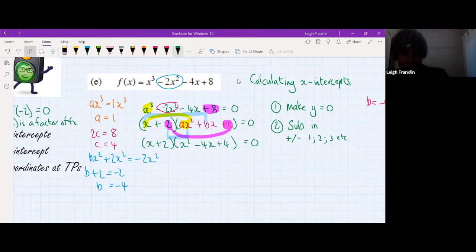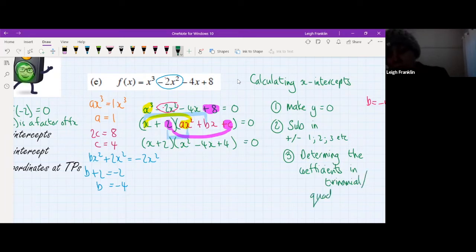Okay, so now our last step. Point number 3 here. Number 1 was making y equal to 0. Number 2 was finding our linear factor by subbing in plus or minus 1, 2, 3, etc. The third step was determining the coefficients in our trinomial, or maybe I should rather call it a quadratic factor, because it's not always a trinomial.